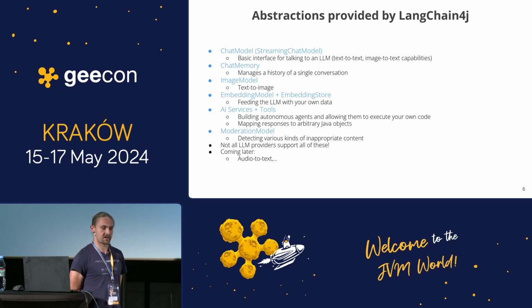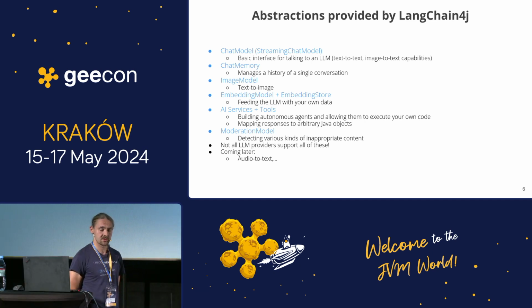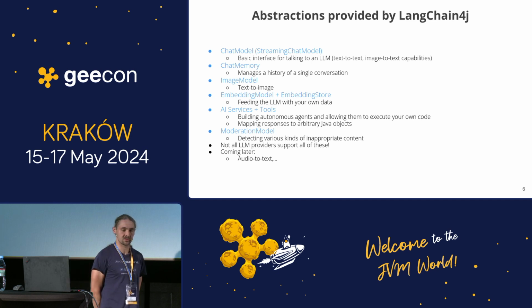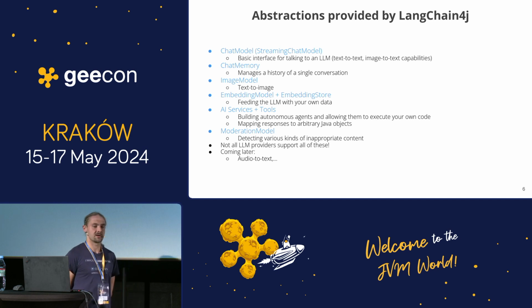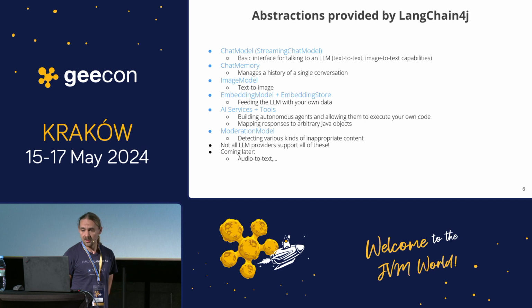That's an object that encapsulates the memory of a previous conversation with a model, because models are stateless. So when you send one message, you get one message back, and when you want to continue that conversation, you have to send back the whole previous memory again, because the model obviously doesn't remember it itself.